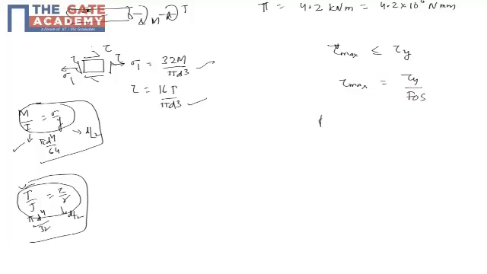So the factor of safety is how many times the shear stress at yield is the shear stress at the critical point. Now tau y is sigma naught by 2, that is the yield stress by 2, and tau max is the max principal stress minus the min principal stress by 2. Max and min I am denoting by 1 and 3.